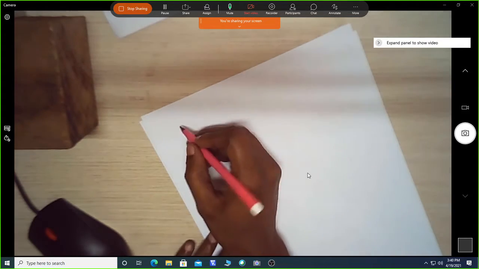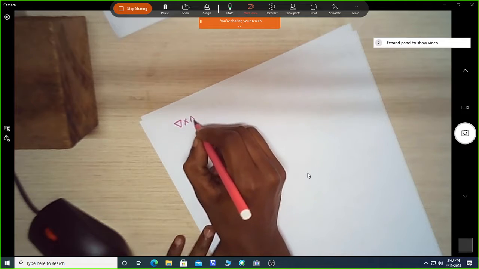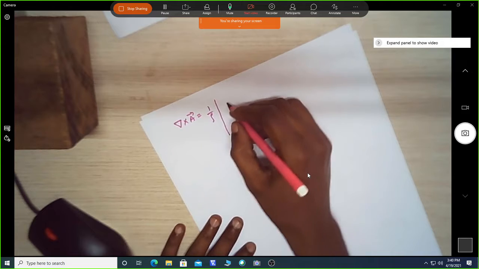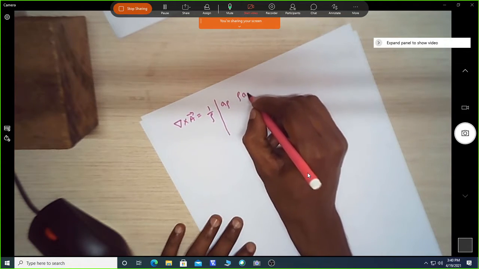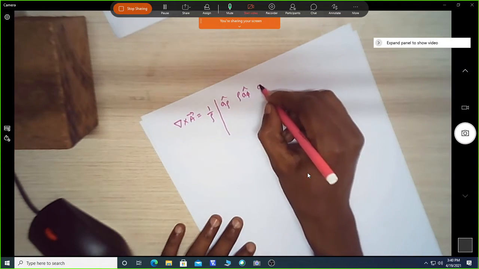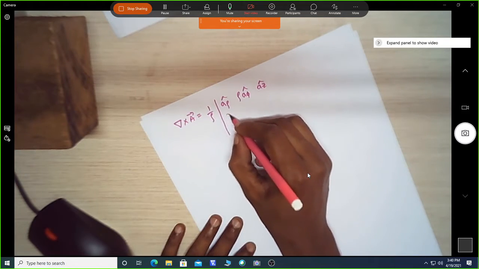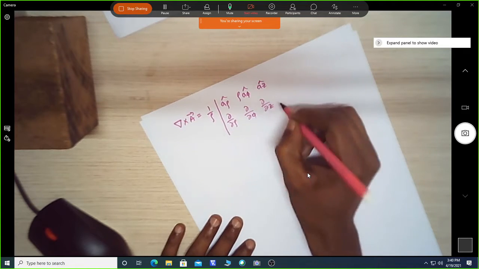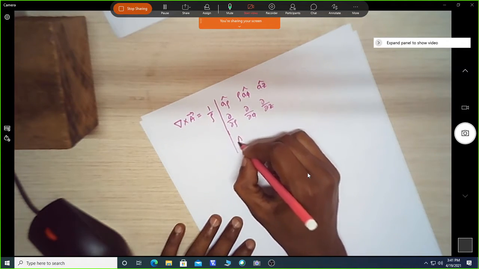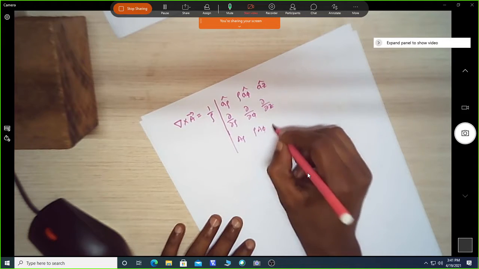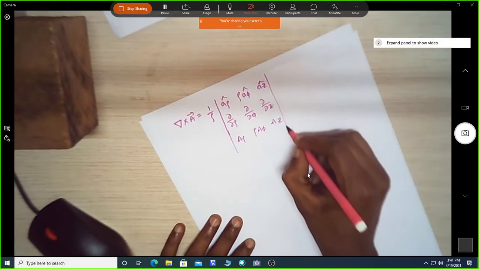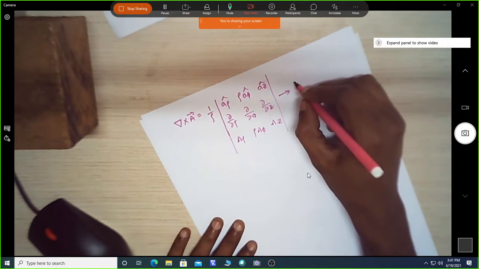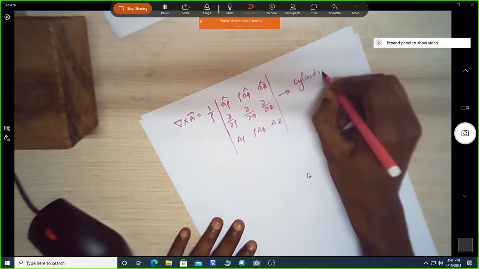In the cylindrical coordinate system, the curl of A is equal to 1 by rho into the determinant of the rows a rho, rho a phi, az; del by del rho, del by del phi, del by del z; and the components A rho, rho into A phi, and Az. This is the determinant form in the cylindrical coordinate system.